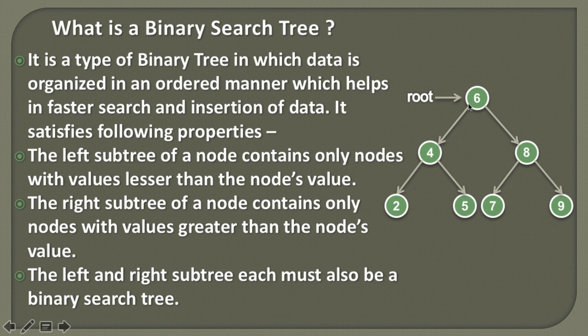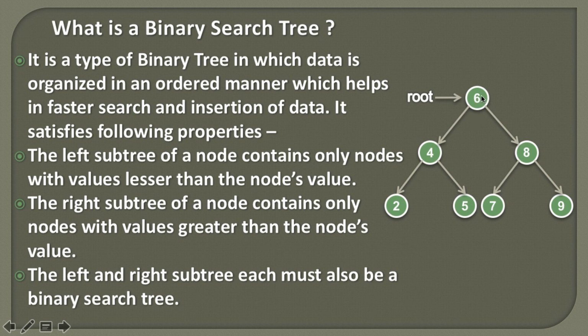And similarly, if we go to the right of any particular node, then all the values should be greater than the node's value. If we take the example of the node having value 6 and go to its right, we see there are 3 nodes having data as 8, 7 and 9. All the values are greater than the node's value.